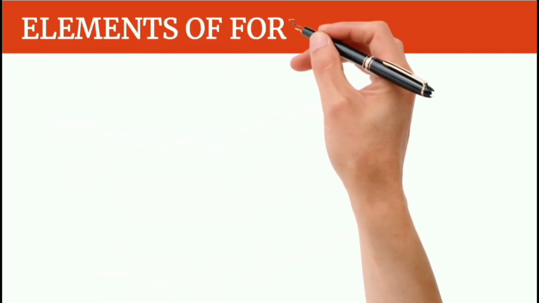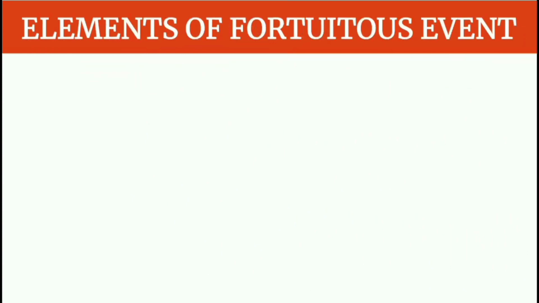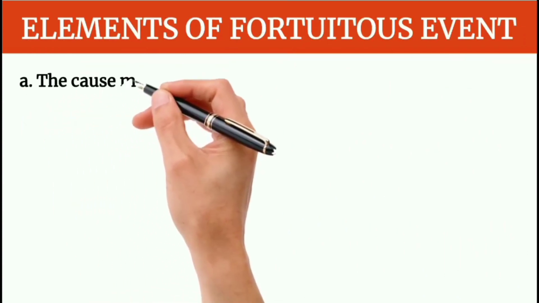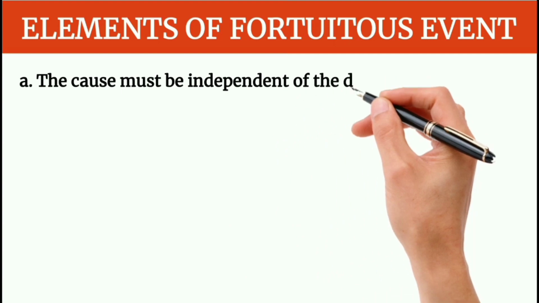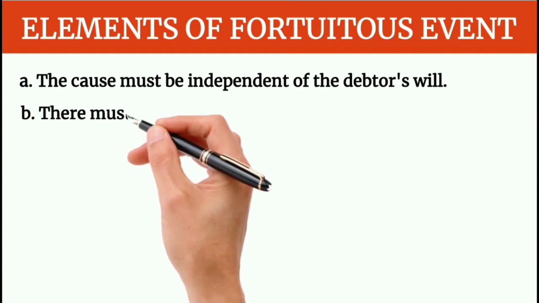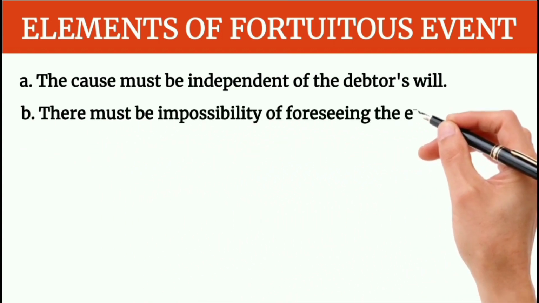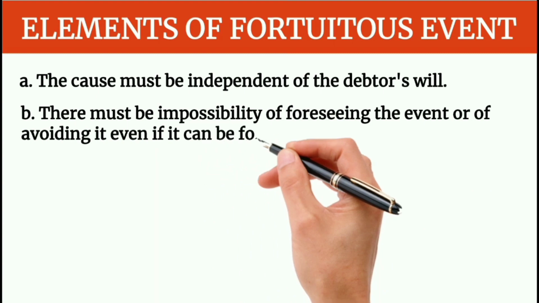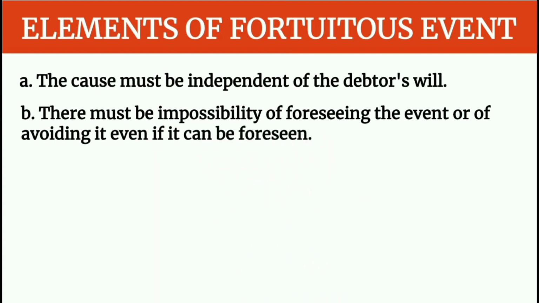The following are the elements of a fortuitous event. The elements of a fortuitous event are, first, the cause must be independent of the debtor's will. That means, yung cause kung bakit nangyari yung fortuitous event ay independent sa will ni debtor. That means, walang kinalaman ang debtor sa cause ng fortuitous event. Next, there must be impossibility of foreseeing the event or of avoiding it even if it can be foreseen.